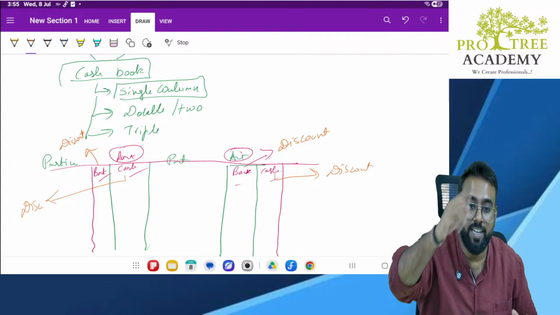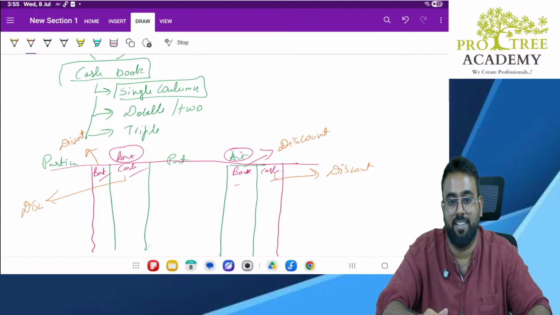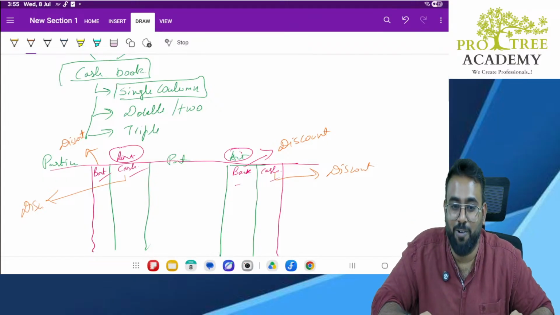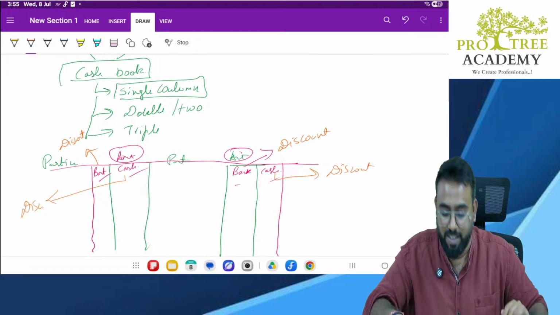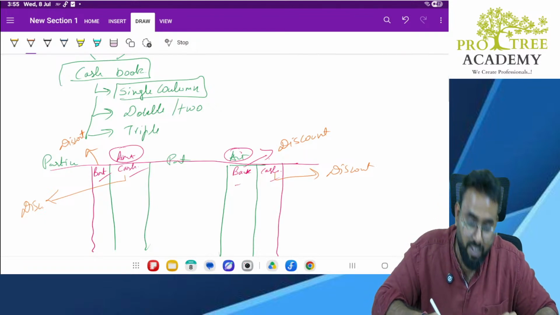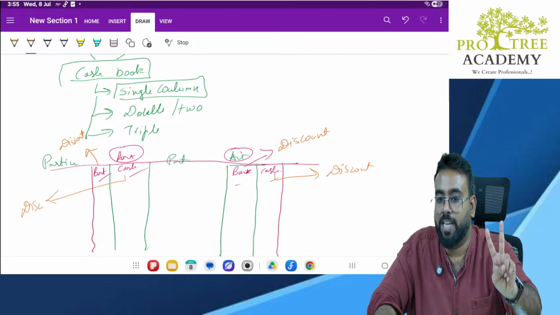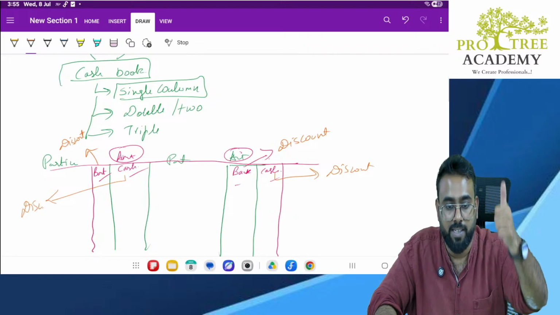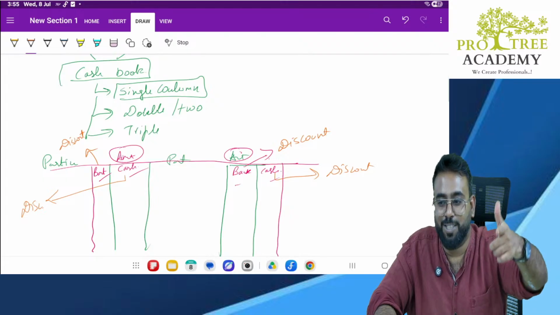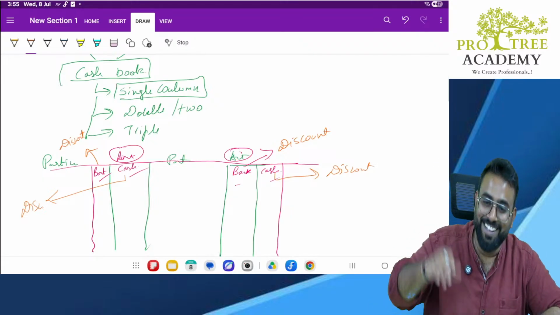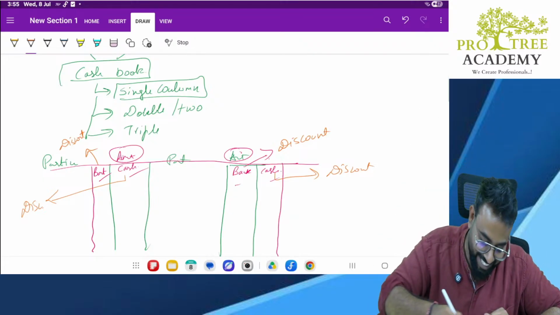Don't stick to the point that cash means only physical cash. Bank balance is also cash. Okay. So for a double column cash book: cash and bank, cash and discount, bank and discount. Clear?